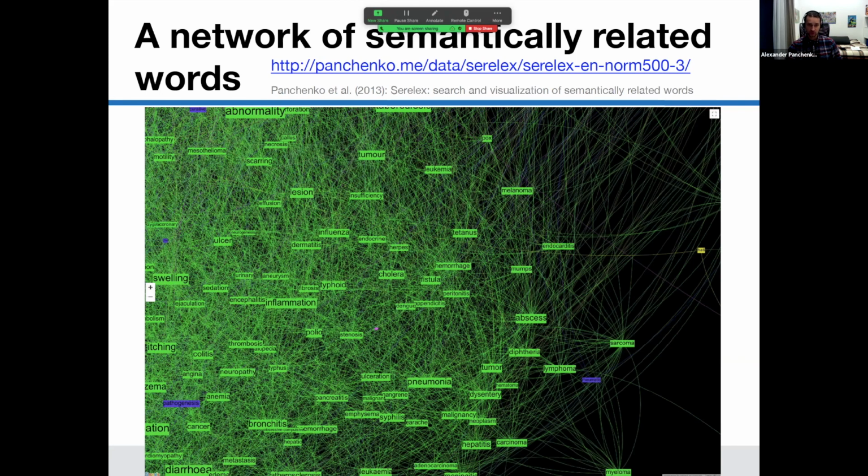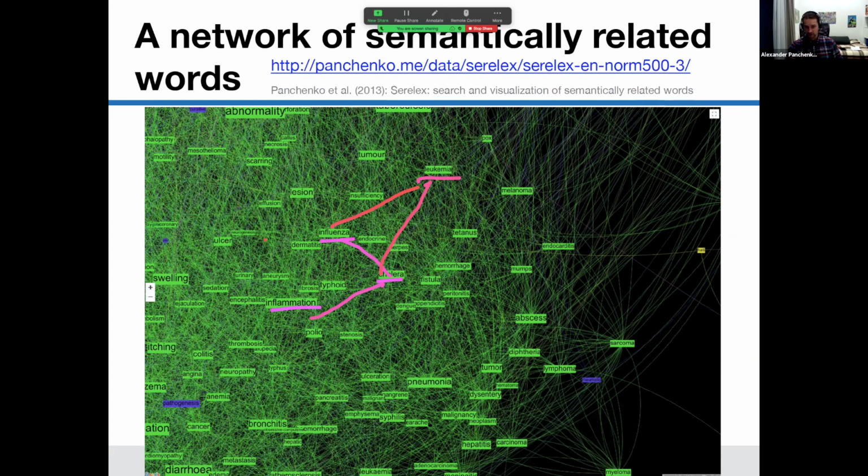Here's just a zoom of a part of one of these clusters, and you can see different types of diseases like cholera, inflammation, influenza, leukemia, and you see that distributionally, all of these are highly related. If you plot all of them, you will obtain a graph of highly connected words.